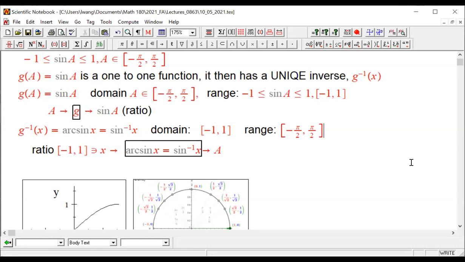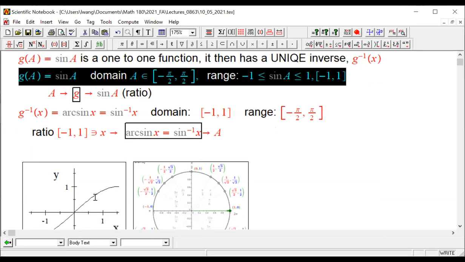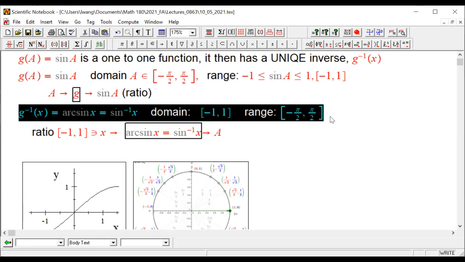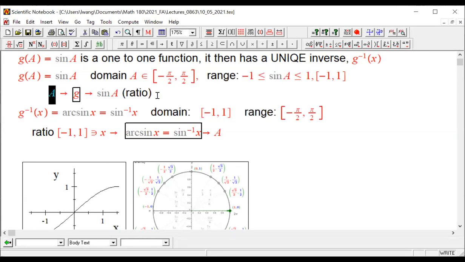Do you see that the consistency is being honored? Do you see that in that process? A new function with a specified domain and range. And this function has an inverse, which is this guy. So the new function's input is angle, output is ratio.